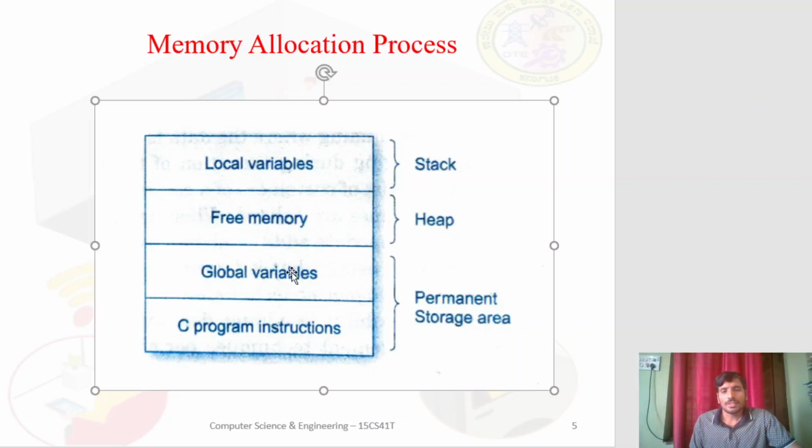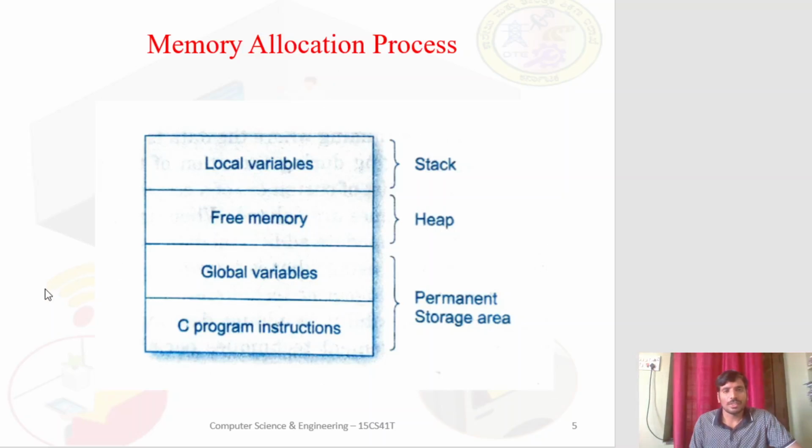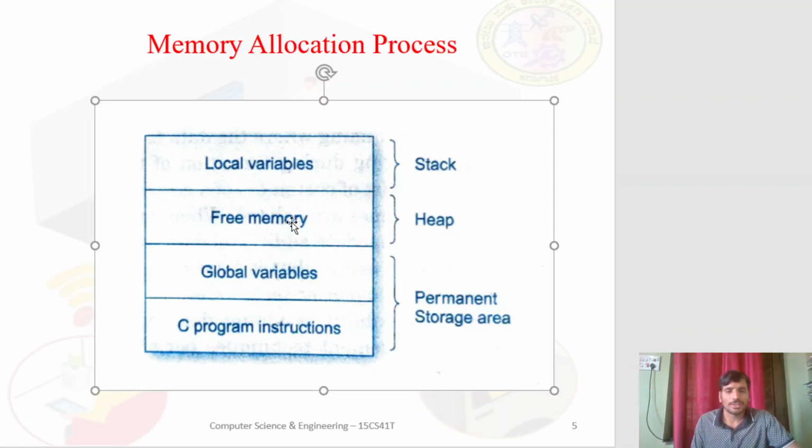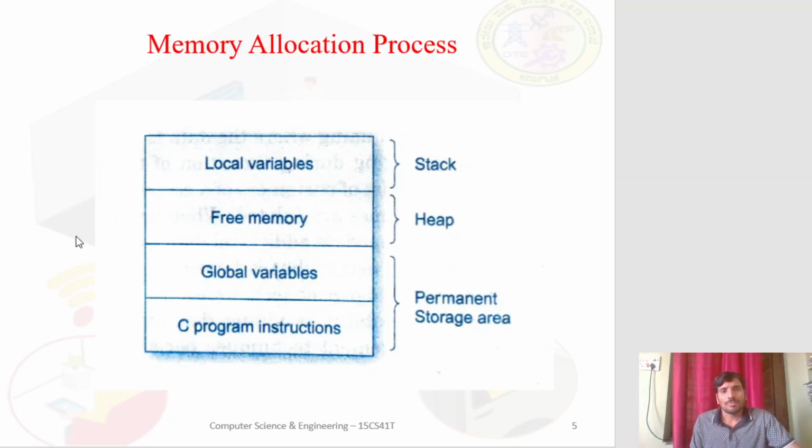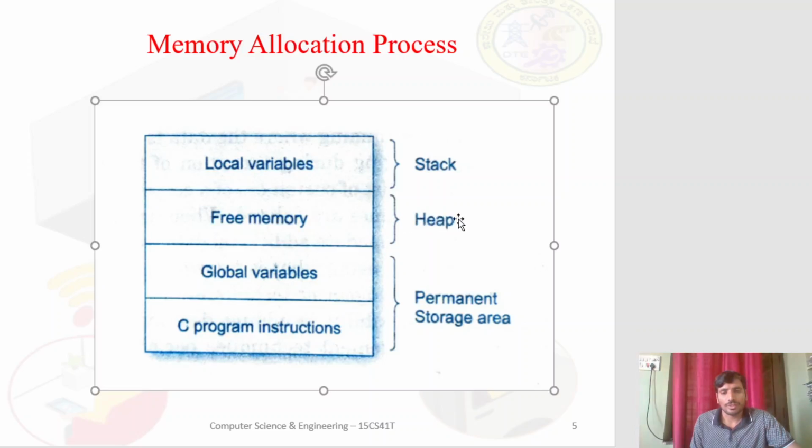So coming to this part, what is this free memory? The area in between the stack and permanent storage area is called heap, which is free memory, and on this memory only we concentrate in this session. Whatever dynamic allocation of memory takes place, that takes place in this region called heap memory.